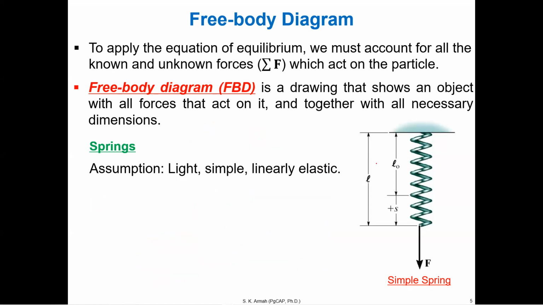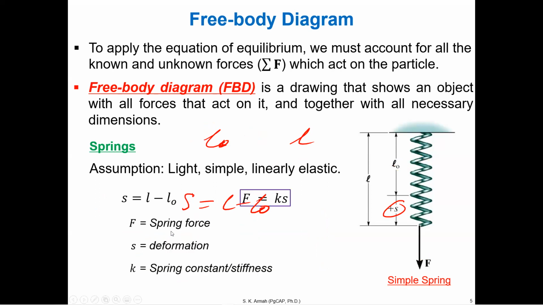If you have a spring, it might have an original length, let's say L0, and then you pull it or attach some kind of weight. Let's say the new length is L. So the extension X, as shown here, is your new length minus the original length. That's how we measure extension.